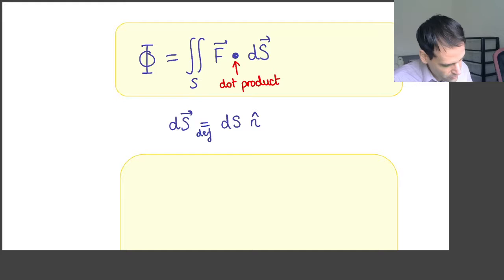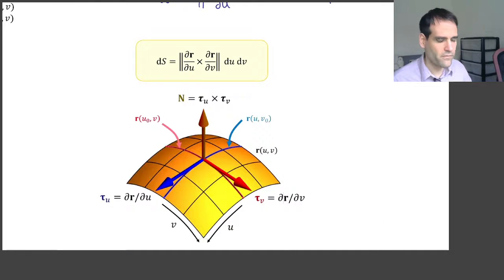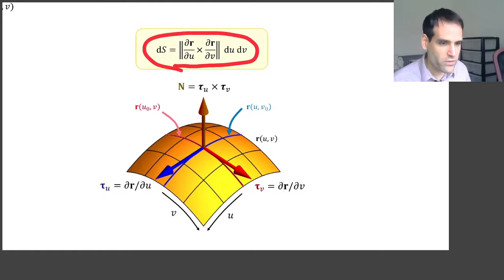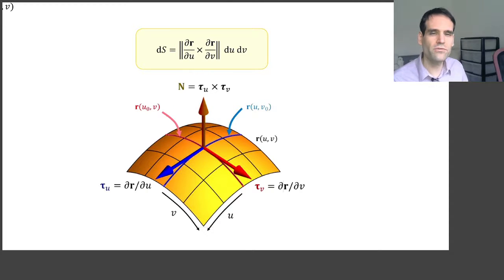So let me refresh you how we calculated dS as a scalar, because they will have the same length. So dS as a scalar was calculated by calculating this here, which was the length of the normal vector n, which is calculated as the cross product of the two tangent vectors, which are partial derivatives, times du times dv.